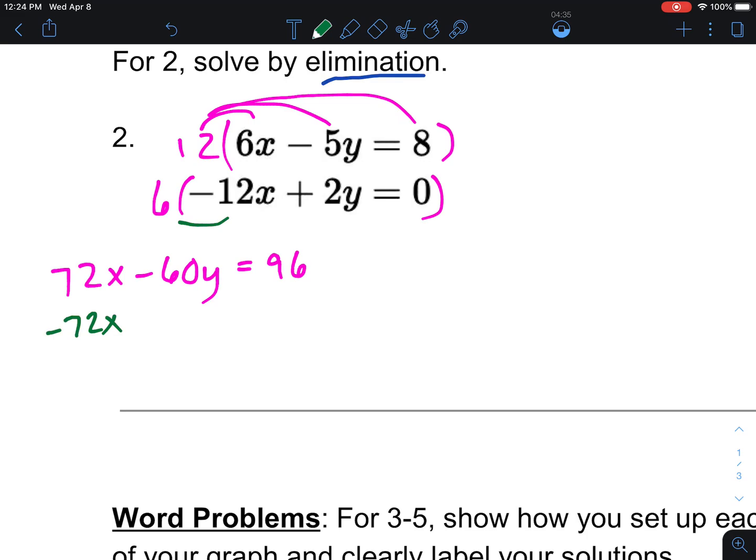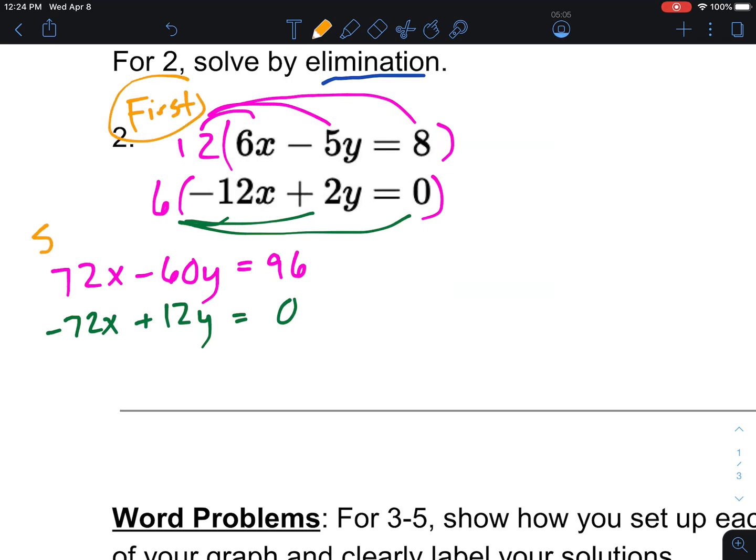If it wasn't, like if this was positive 12, you would have had to have multiplied by negative 6 to make sure they cancel. But I believe I've designed them in such a way that you won't have to worry about that. All right, so we have negative 72x plus 12y, and then 6 times 0, well, that's just 0. So if we combine these, because elimination is to do this step first.